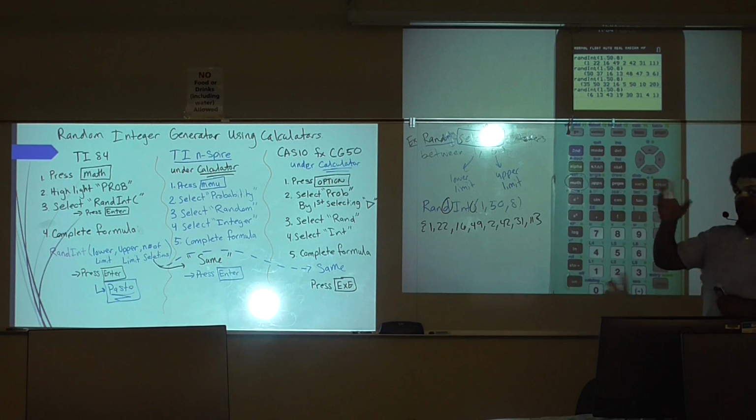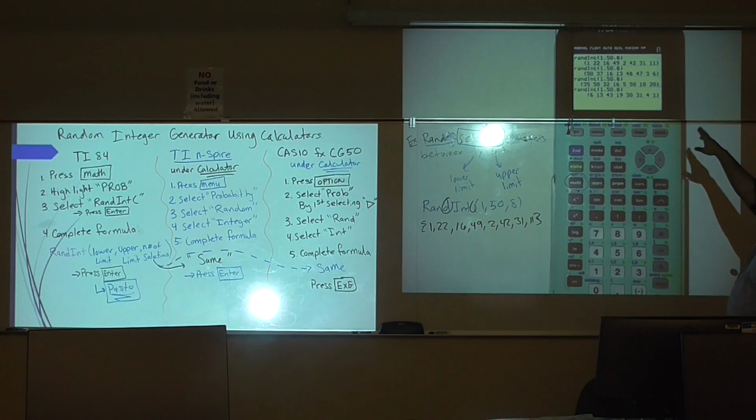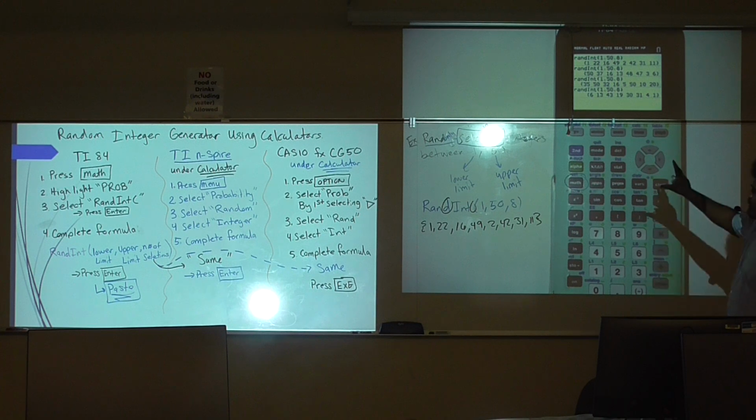That number is very big and always changing, so the result will always change. Another lesson will teach you how to set a seed so that each person has the same result and it always shows the same one every time you press enter. I'm not showing it here because that's something you can look into yourself. Right here I'm just showing the basic idea. That's how you do it on a TI-84.